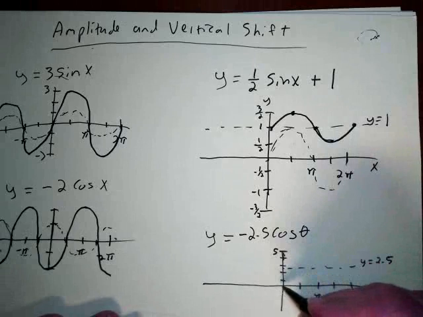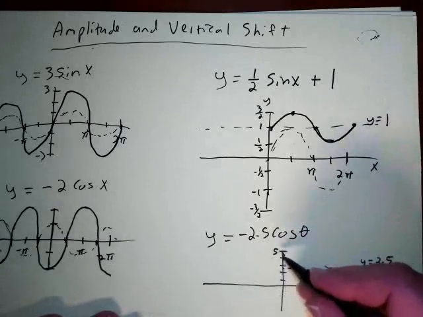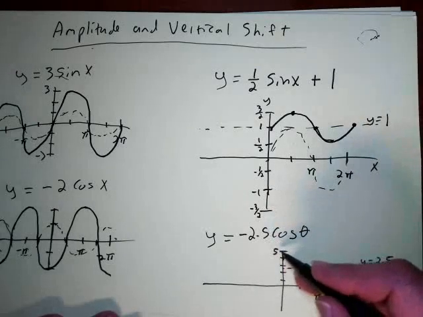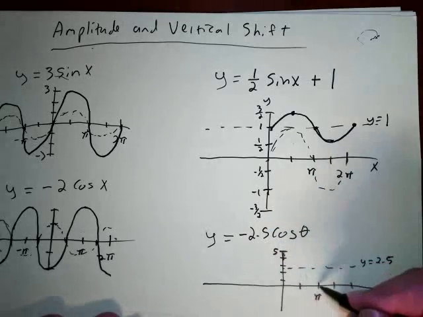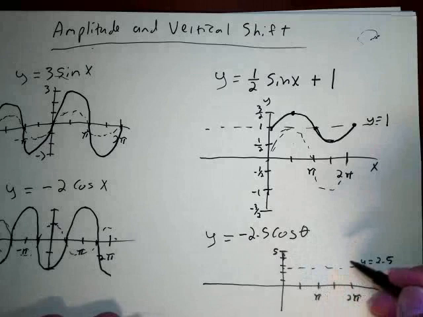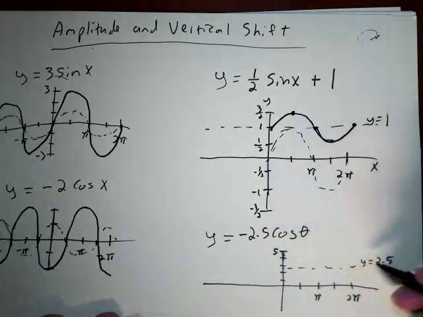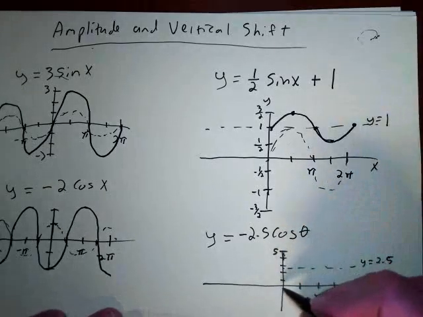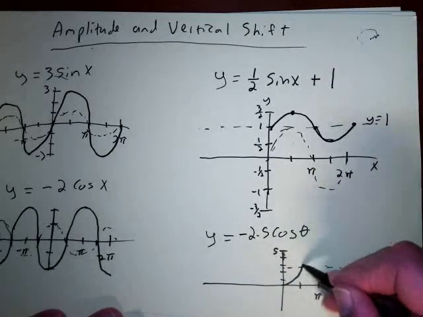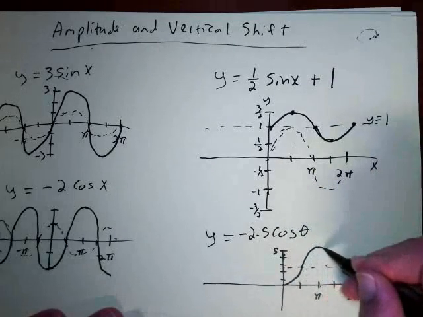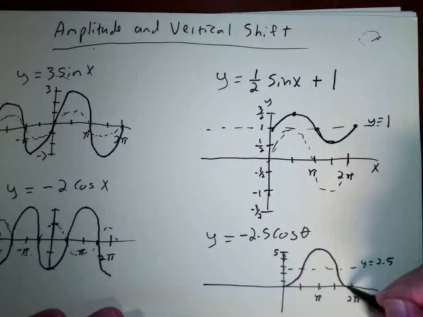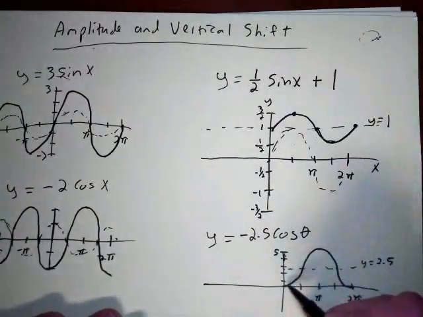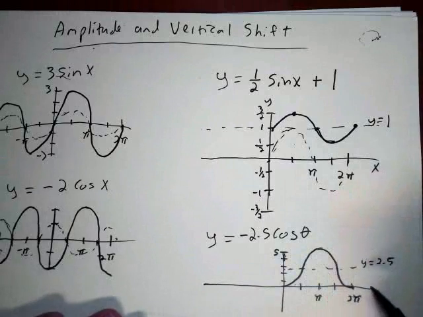Okay? Because I want it to start at 0. Cosine normally, if it wasn't negative, would start up here at 5 and go down to 0. Go down to 2.5, down to 0, but this will start here and go up. So this is exactly what I want then. 0, like that, and then it'd go up to 5, back down to 0, and then down to there. So now this oscillates between 0 and 5.